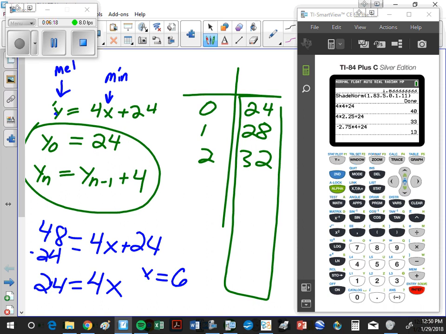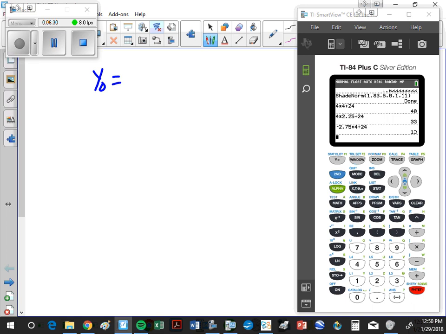Go to the right side. On a long road trip, a car with a 22-gallon gas tank burns 4 gallons of gas per hour. What would the recursive equation be? Y sub 0 equals 22. And then for any other hour, we take the previous hour and we subtract 4 gallons from it.